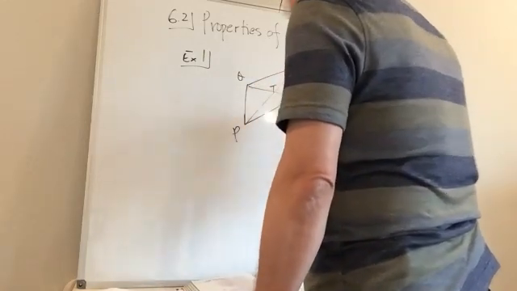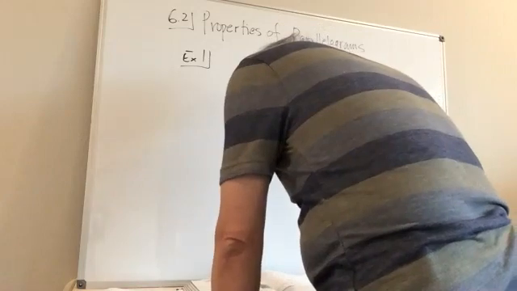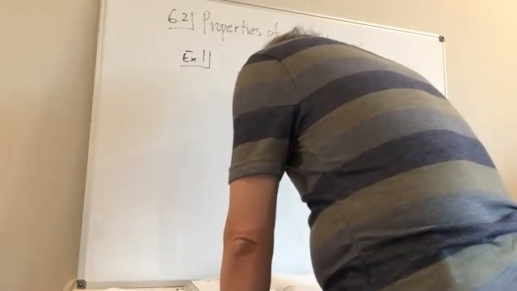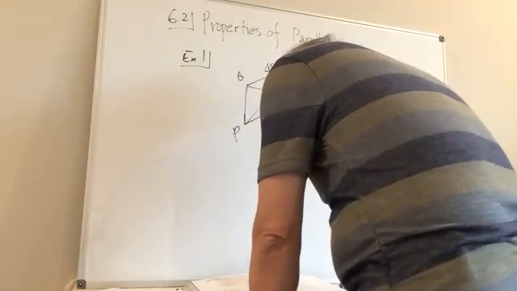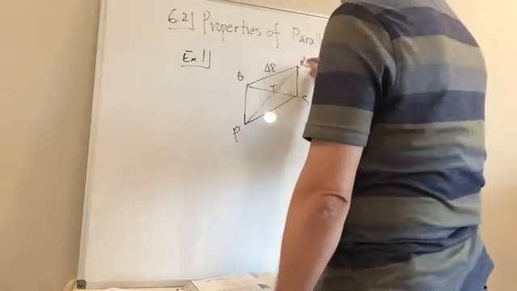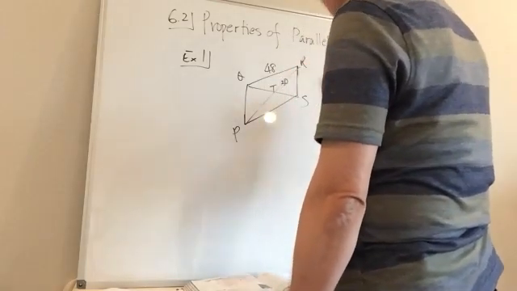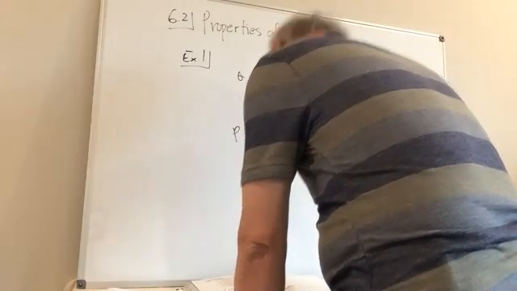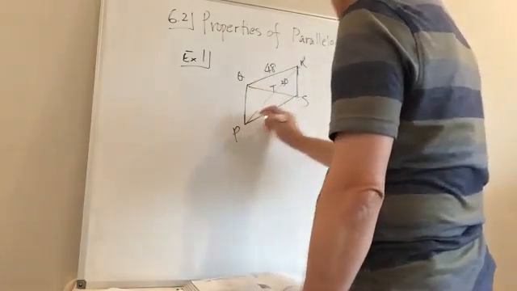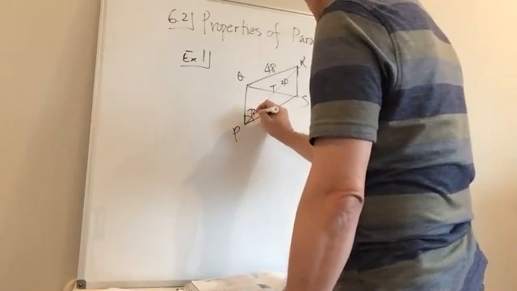We have T in the middle, it looks like. QR is 48, so this length is 48. RT is 30, RT here is 30. And QPS is 73 degrees, this guy here is 73 degrees.